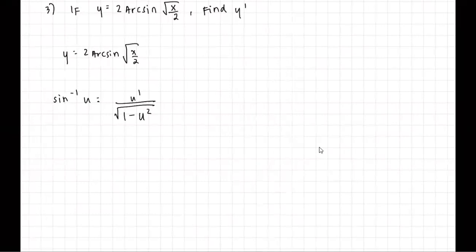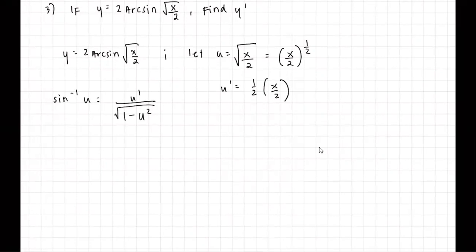Okay. So, let's proceed. So, anong left natin dito ng y? So, left natin u is equals to square root of x over 2 or x over 2 raised to 1 half. Okay? So, ang u prime natin dyan will be 1 half x over 2.